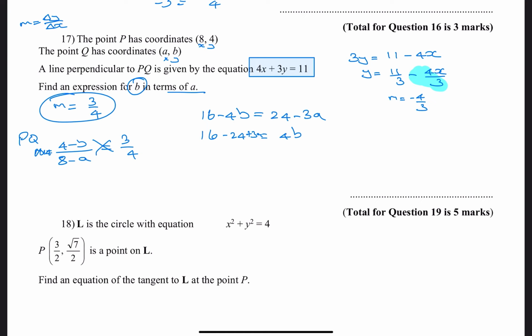So 4b is minus 8 plus 3a. b is minus 8 plus 3a over 4, and that's what b is, written in terms of a. You can also write 3a minus 8 over 4. It doesn't matter. Okay, good.